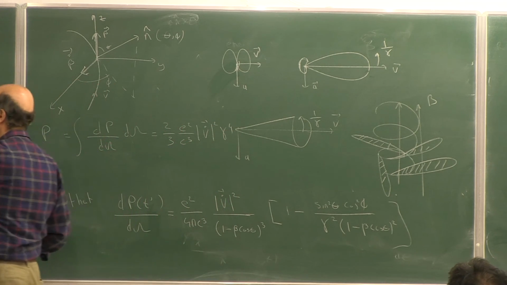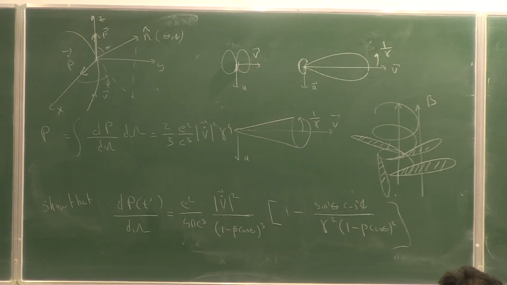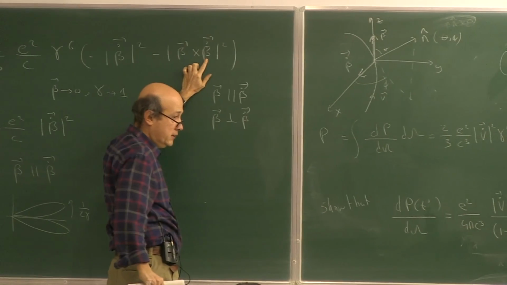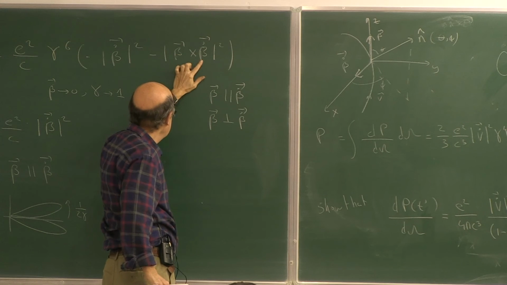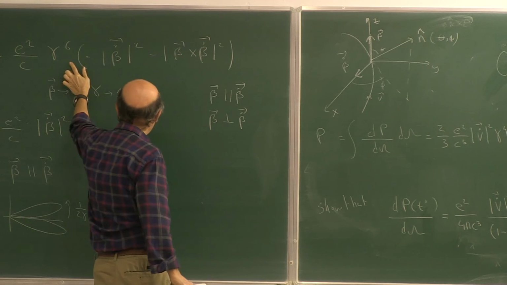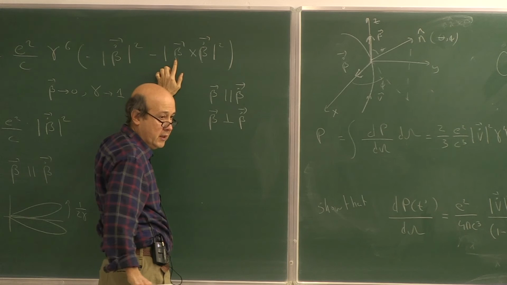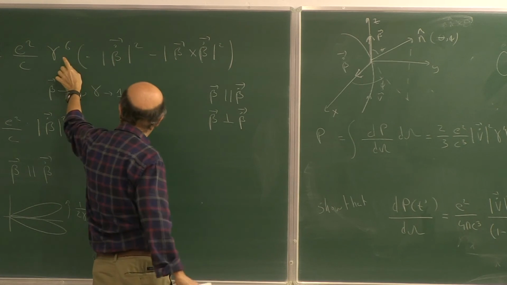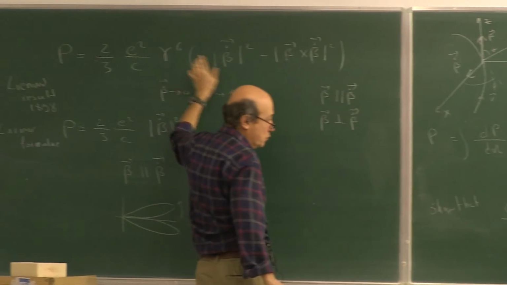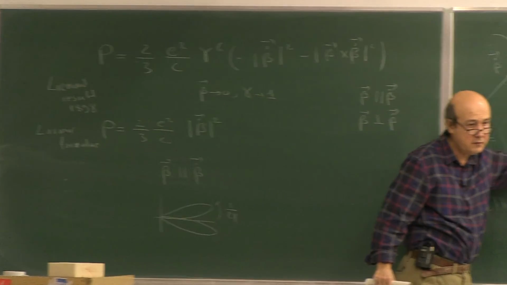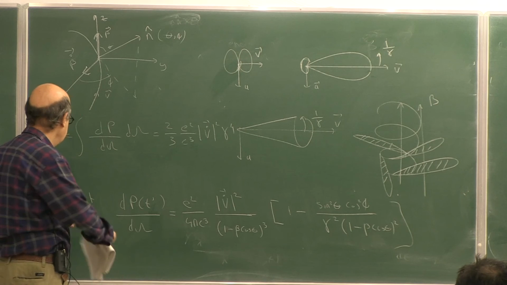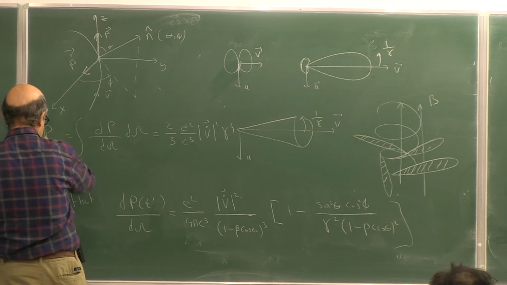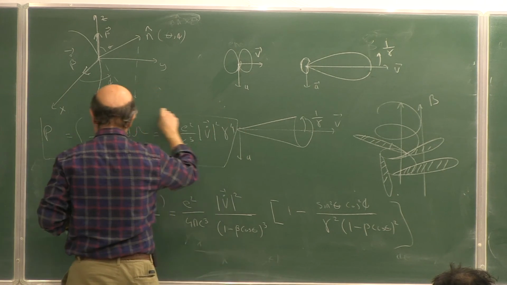If you compare with the linear result, if beta and beta dot are perpendicular to each other, that is nothing but beta dot square, and this will be 1 minus beta square. 1 minus beta square is 1 over gamma square, and that will give gamma to the 4, which is consistent with the linear result. You have to look at the lecture notes of what we did last time. So this is also consistent with the linear results.